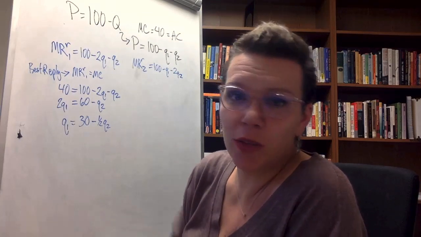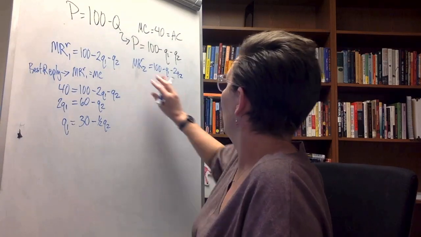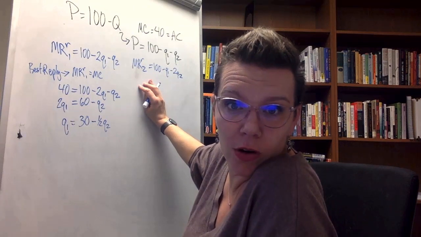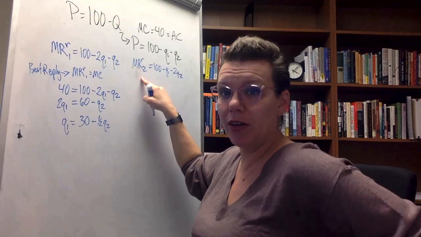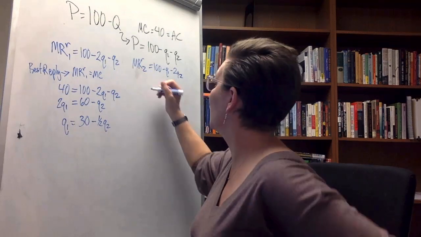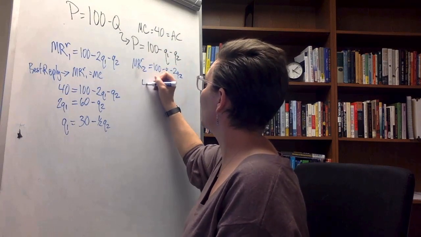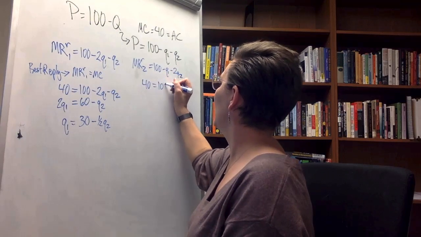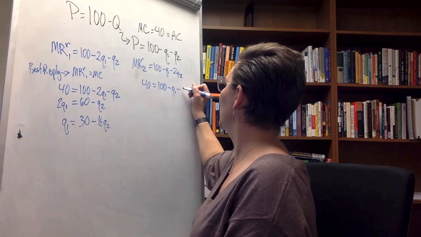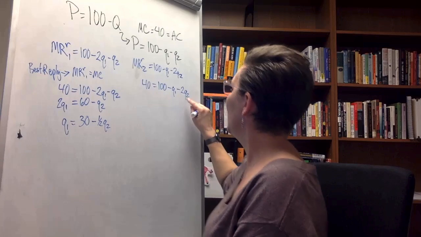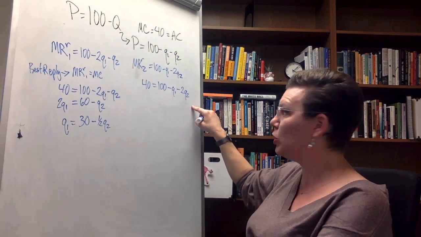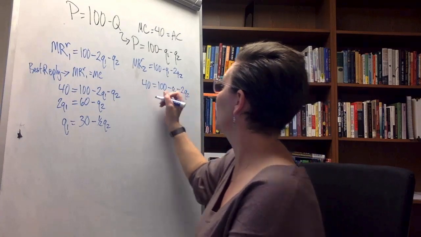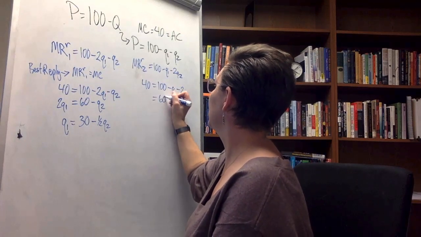If you're having trouble with this, let me know. We'll do the same thing again for firm 2. So we're going to set their residual marginal revenue function equal to their marginal cost, which is still 40. So 40 equals 100 minus Q1 minus 2Q2. And again, since it's firm 2, I'm trying to isolate that Q2. So I'm going to subtract 40 from both sides to get 60.